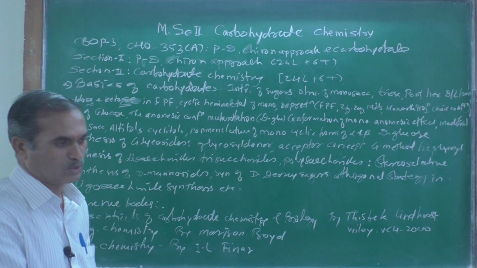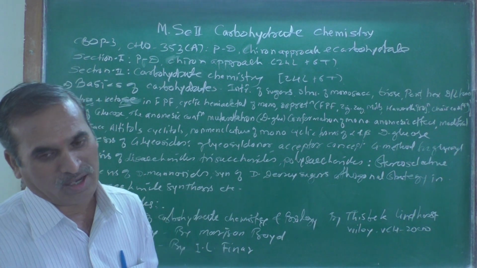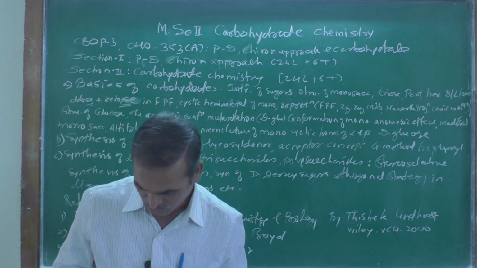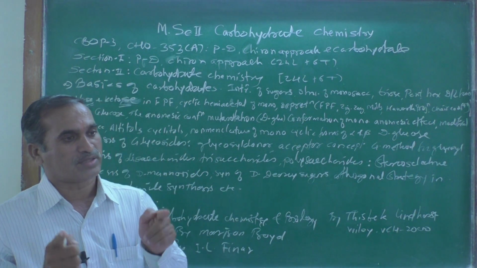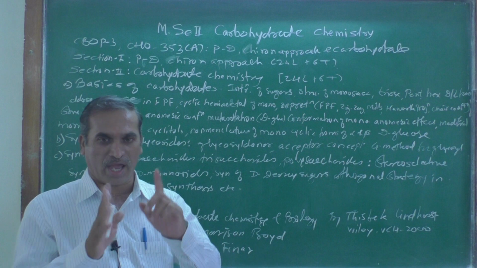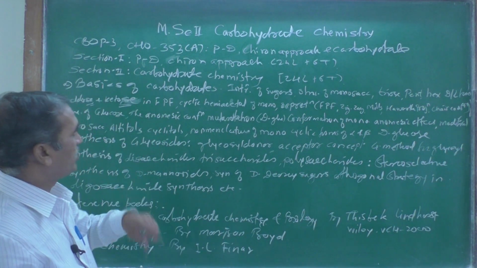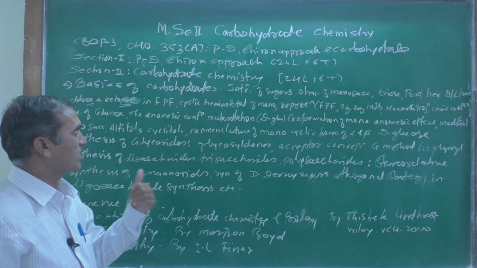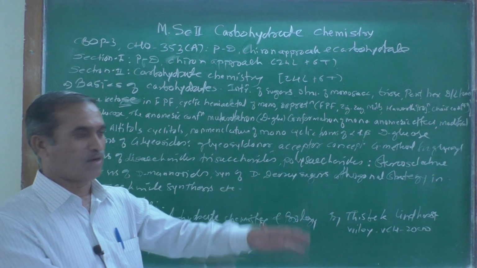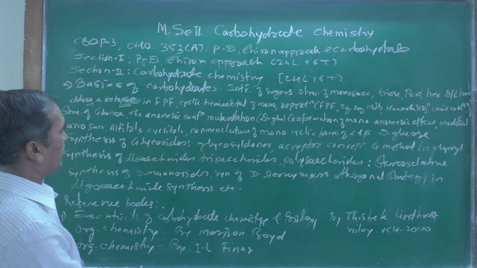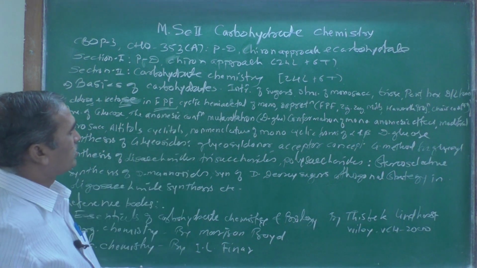I already told you that the Fischer projection formula is generally used to study the three-dimensional structure of an organic compound. So we can understand the physical properties as well as chemical properties of this carbohydrate, and that's why we are going to use it.